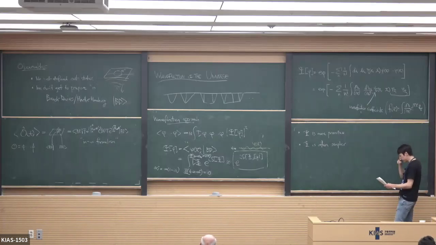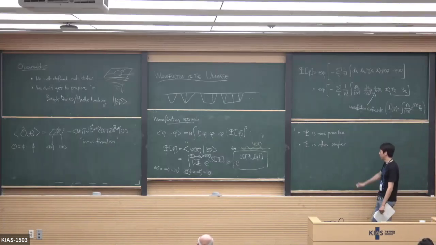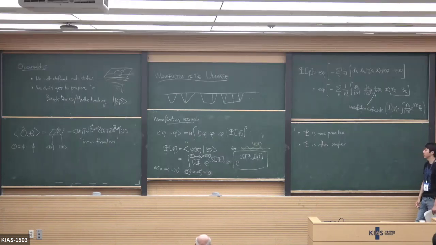Also, the analytic structure is often much more easily interpretable for the wave function than for the correlator. So this is an intermediate object that we are going to study in this lecture.